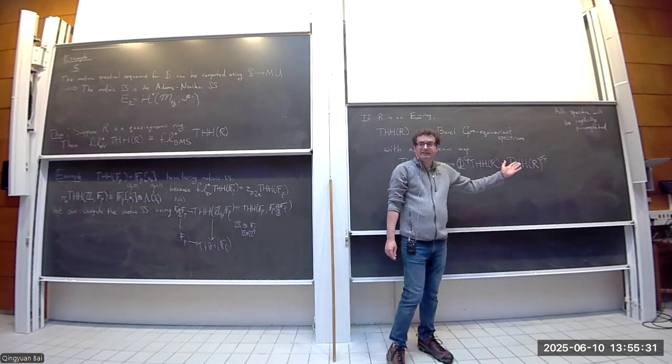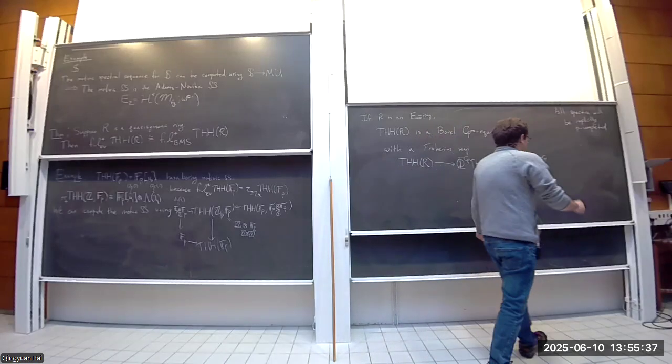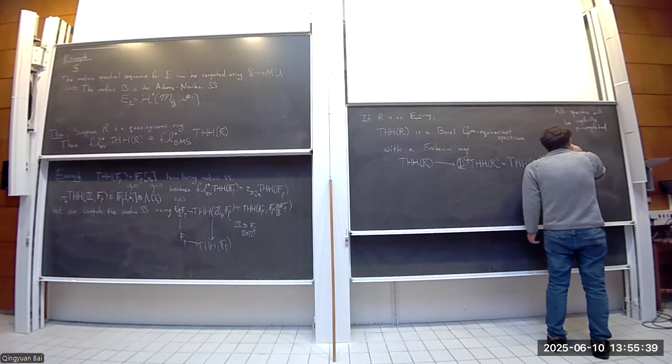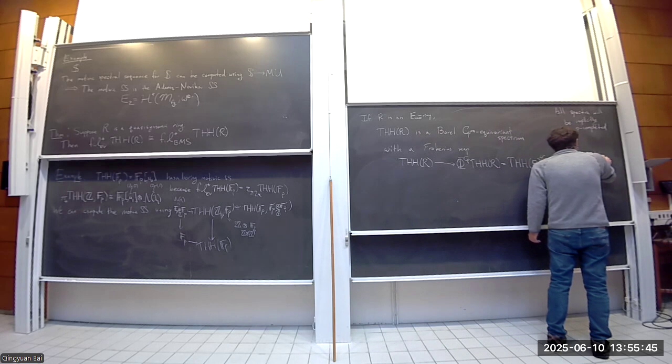Because I'm p-completing, I'm allowed to think about C_p^infinity where you might have expected me to write S^1. So to note that the completion with the C_p^infinity is the p-completion.